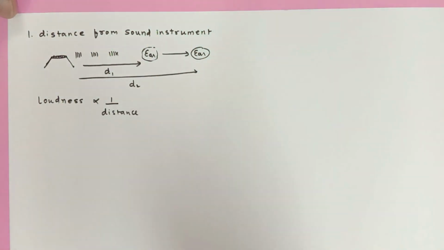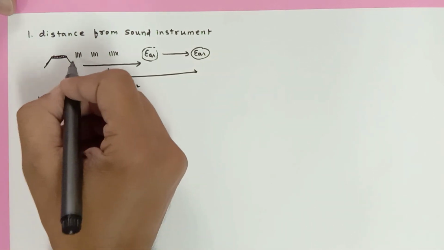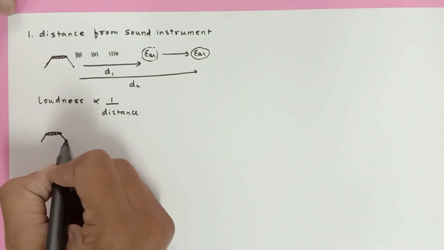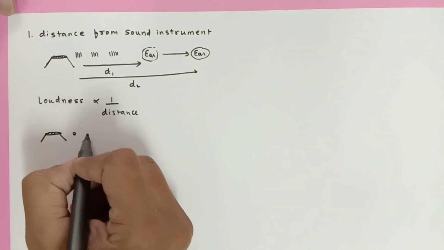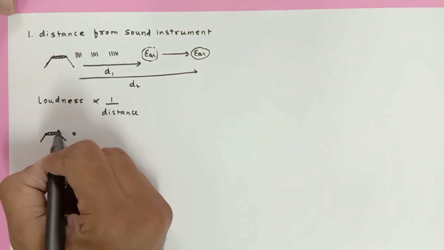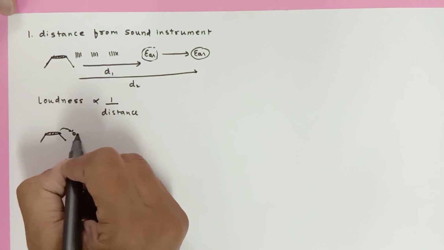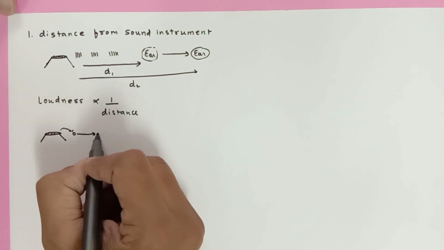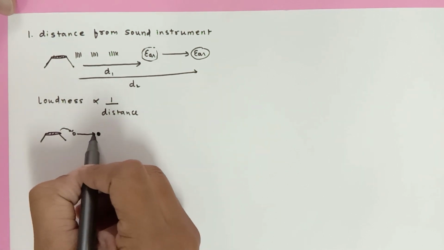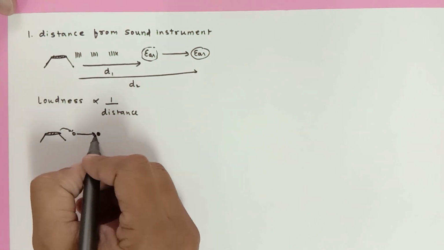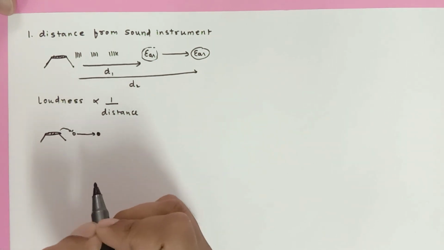And why is that? Let's try to understand that. Now suppose this is the drum that produces the sound, this is the membrane like this, and now these are the air particles. Now we know that the sound produced will be absorbed by this particle, then this particle will go in this direction, and here there is another particle, it is going to collide, and give the energy to that particle, and again this particle is going to come back.